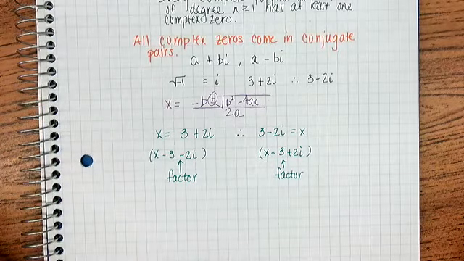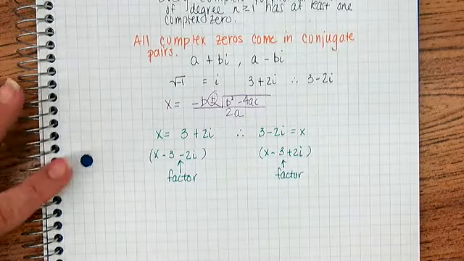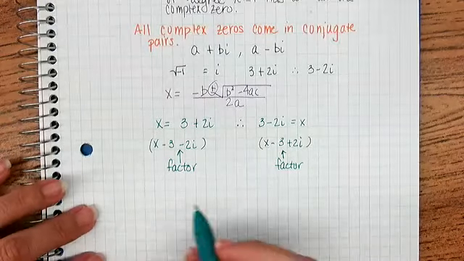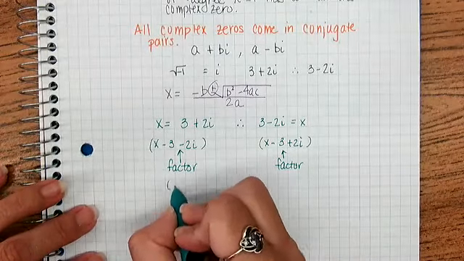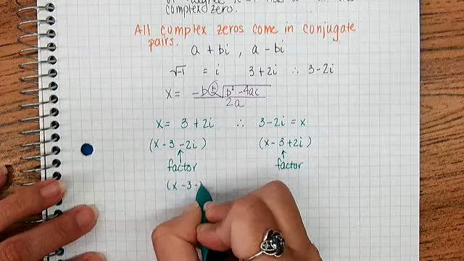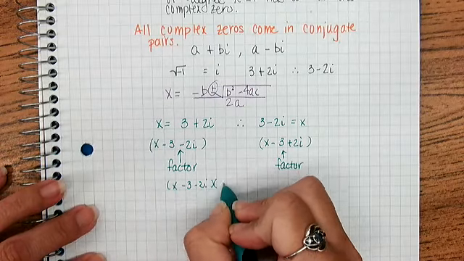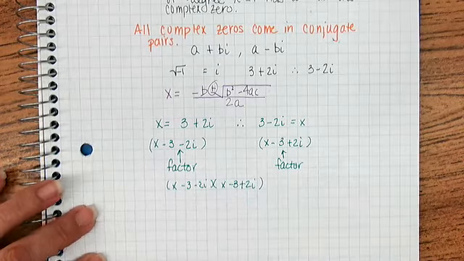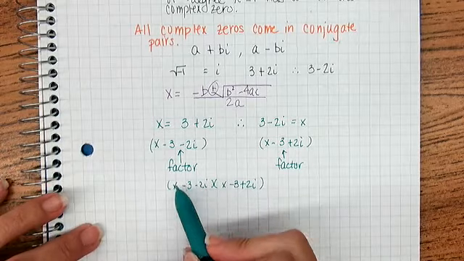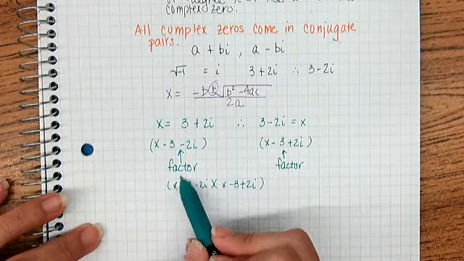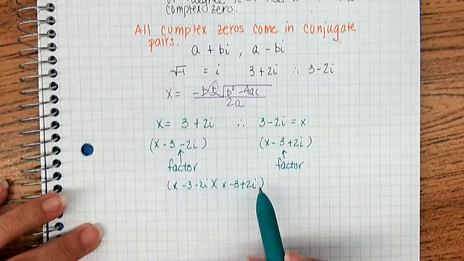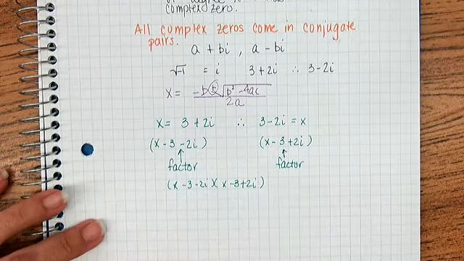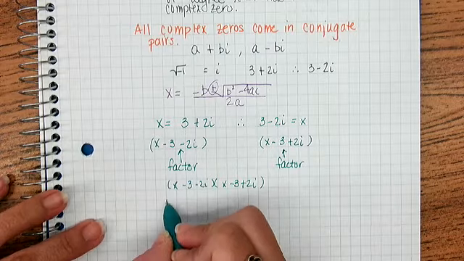All right, well, what do you do? You multiply the two factors together, and there are a couple ways you can do this. Some of you just go ahead and do the whole distributing. You go through and you distribute x times x, x times -3, x times 2i, and then distribute the -3, etc. Some of you do the box.